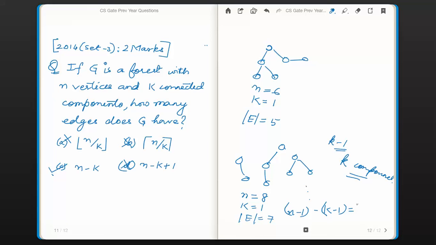That is equal to n minus 1, now open this bracket, minus k plus 1. So plus 1 minus 1 gets cancelled, and we are left with n minus k edges. So a forest with n vertices and k components would have n minus k edges. So this is the correct answer.